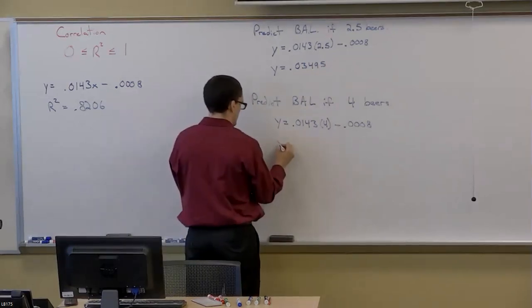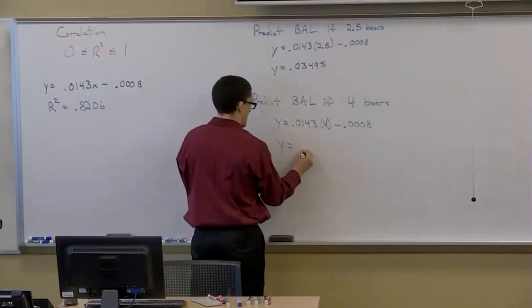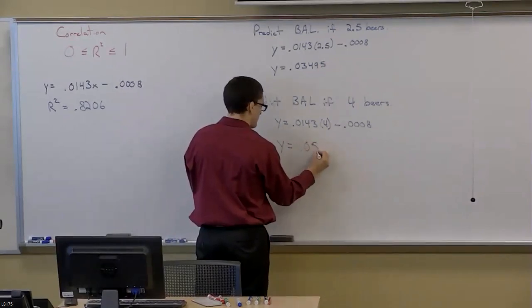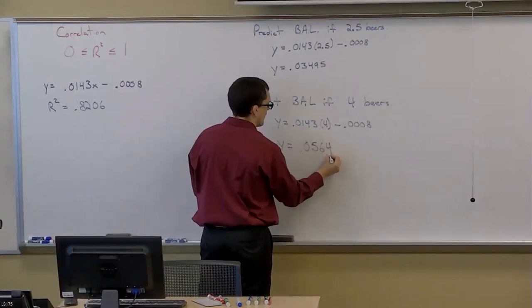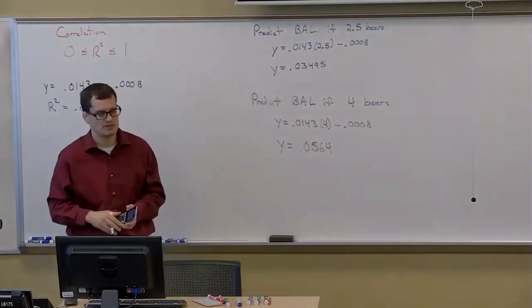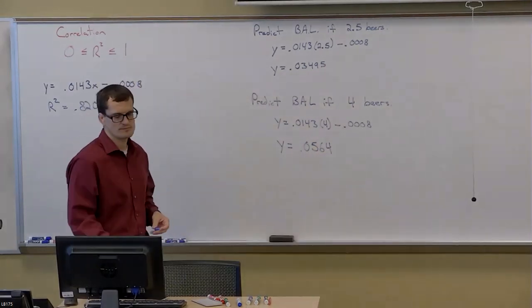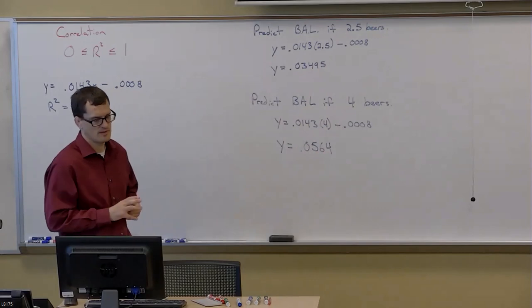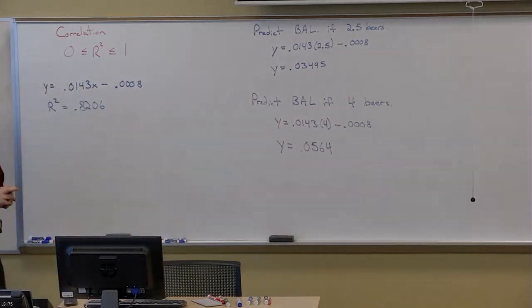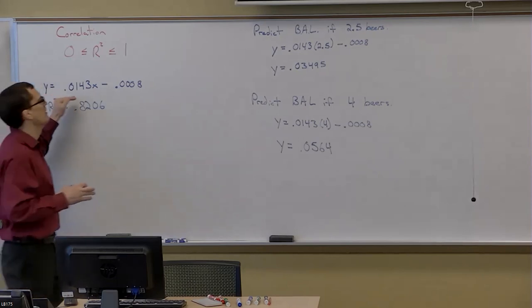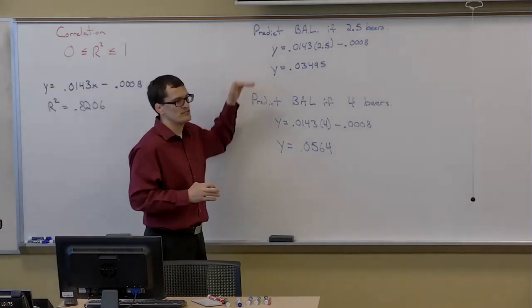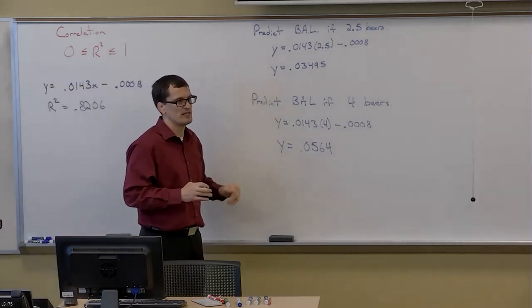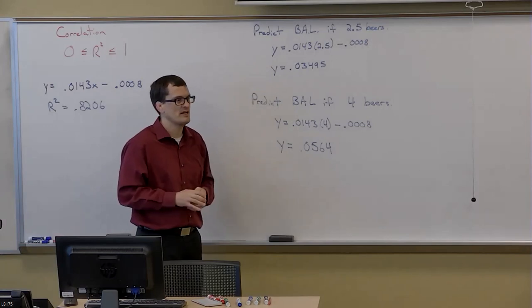And then on the second one, I get 0.0564 as the blood alcohol prediction. So the data generated this model, and now once I have this model, I use it just like I use the algebraic models from last chapter. I just plug in values, see what they are.